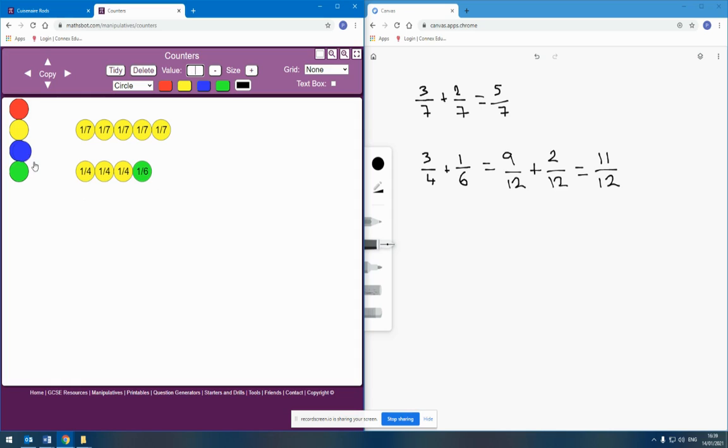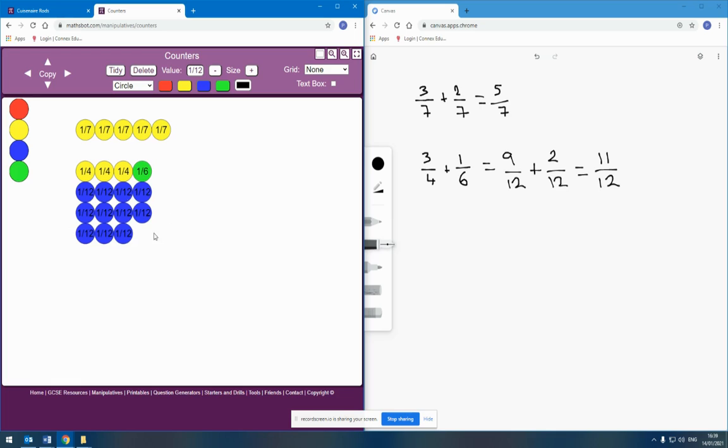However, if I'm already au fait with the idea of equivalence here, then I might be able to realize that this 1/4 is equivalent to 3/12. And so each of these quarters is equivalent to 3/12. And then similarly, that this 1/6 will be equivalent to 2/12.